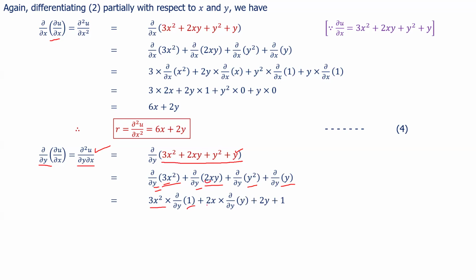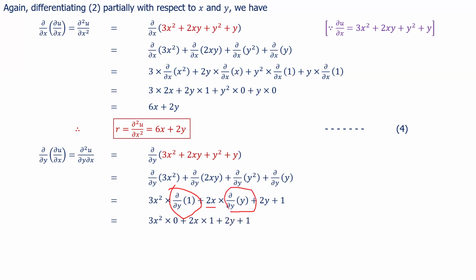Here we can take 2x outside, y is remaining over here. The partial derivative of y square with respect to y is 2y. Partial derivative of y with respect to y is 1. Now partial derivative of 1 will give 0. So 3x square into 0 plus 2x, partial derivative of y is 1, plus 2y plus 1.